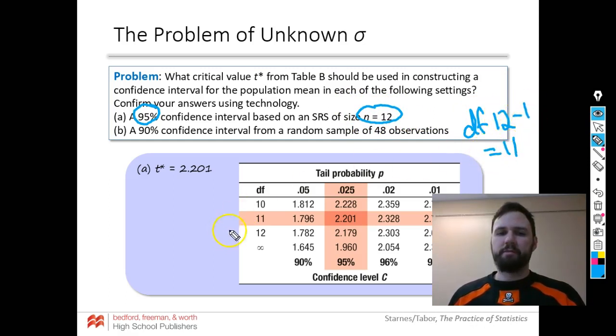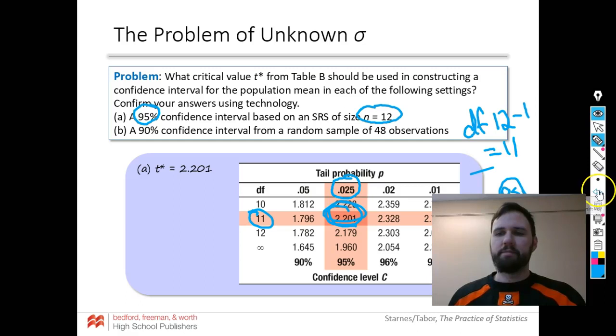Which is 11. Now 95% confidence, this is again the tail thing. This middle is 95, then each of these tails is 0.025, right? That's how we get 0.025. And that's how we get our t is 2.201.